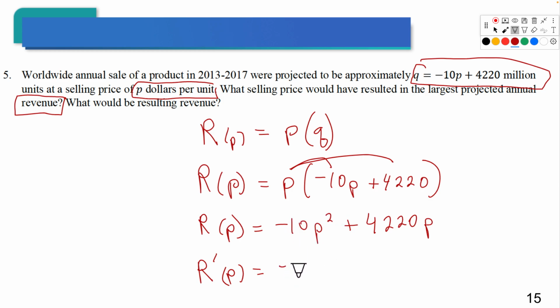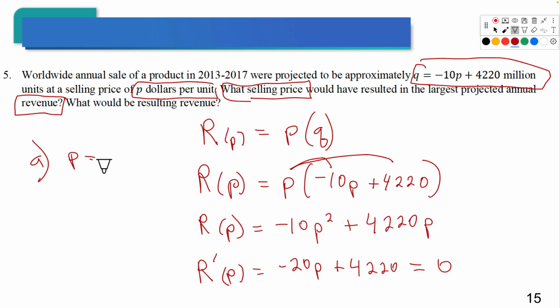2 times 10 is going to give us negative 20P to the first power plus 4,220. We're going to set this equal to 0, solve for P, and that will give us the answer for the price, right? What's the largest projected annual revenue? So what's the selling price? So that's the first question.